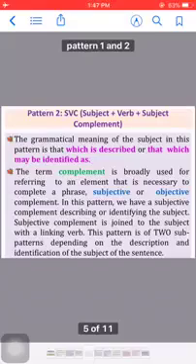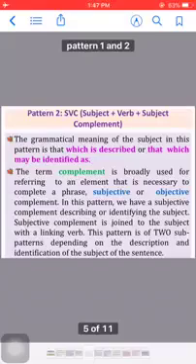I'm classifying the subject, to say Ali is a teacher. This is in general about this pattern, pattern number 2. All that we are going to see after the verb will be a completer for the subject, a complement for the subject only.